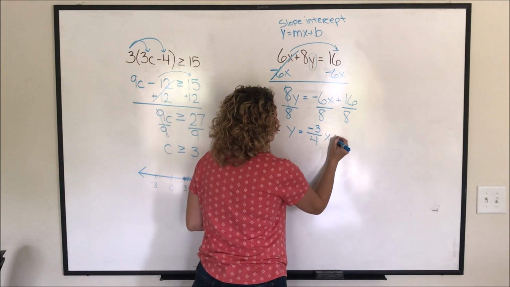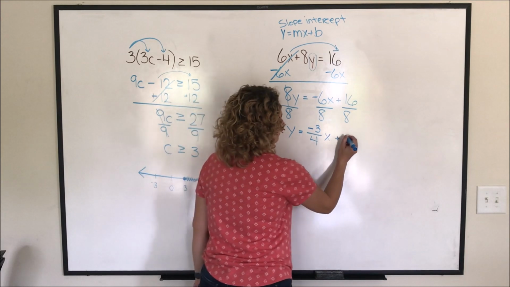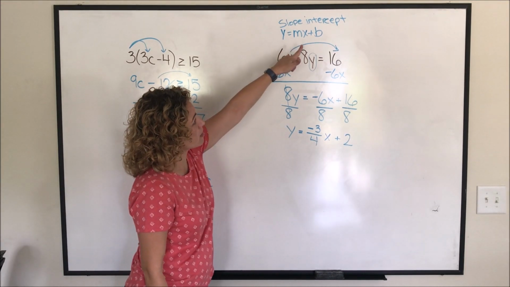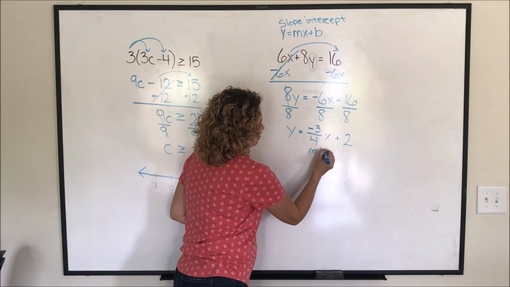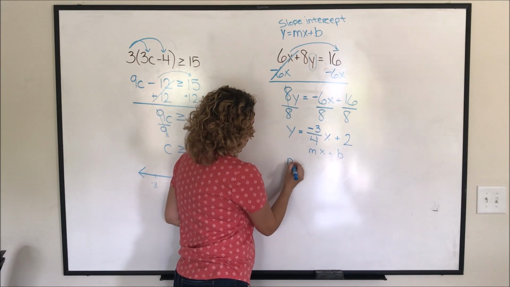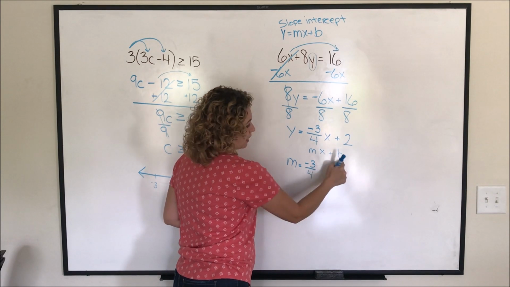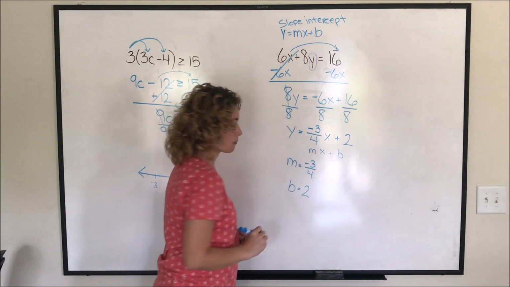Plus 16 divided by 8 is 2. We now have y equals mx plus b. That means our m is negative 3/4 and our b is 2.